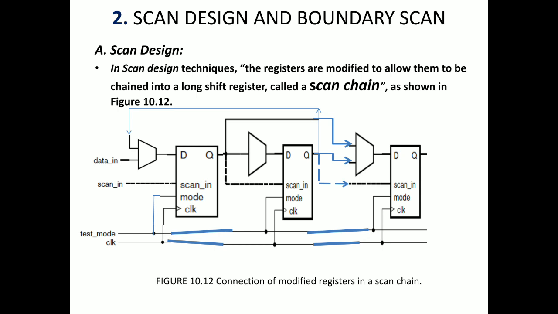In this we will have a data input and also one scan input. These are the two inputs we will be using to test the register circuit. The complexity of the circuit is increased, but we increase it to test whether it is a faulty register or a correctly working register. We modify the register here in the scan design technique.